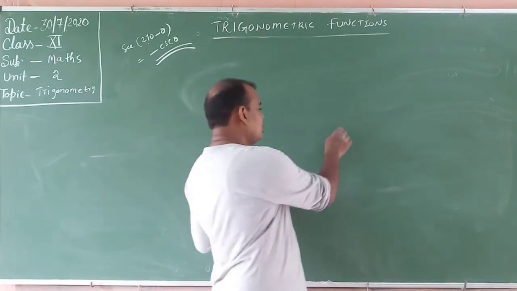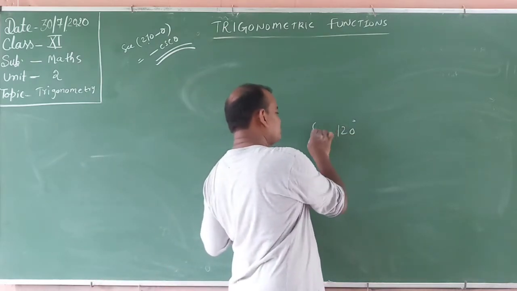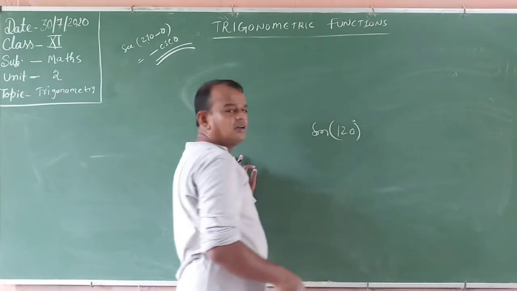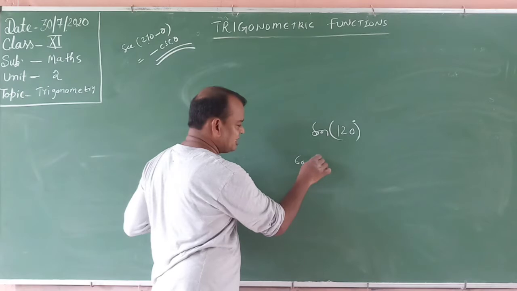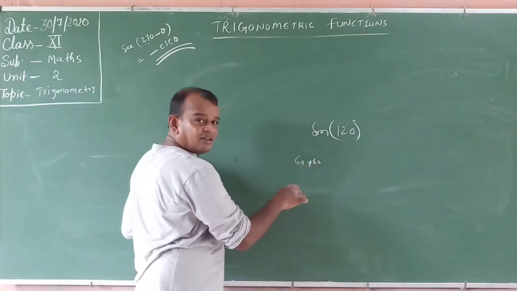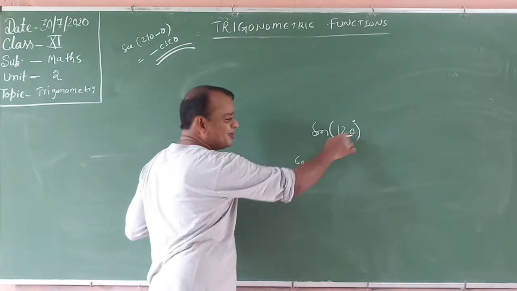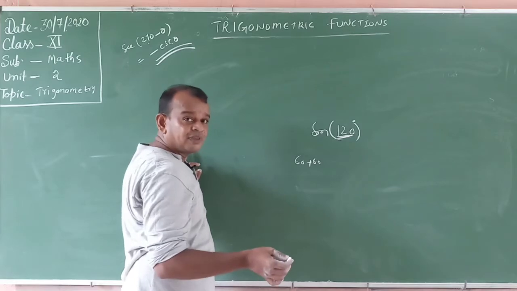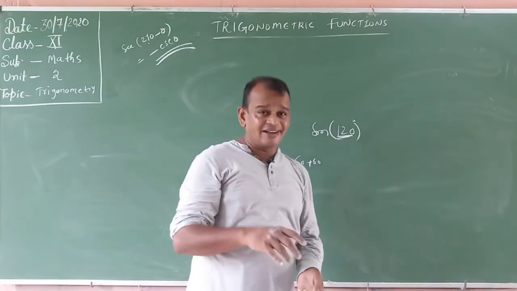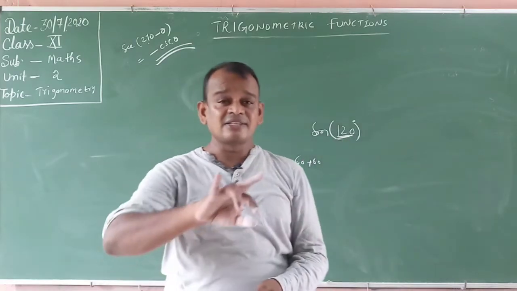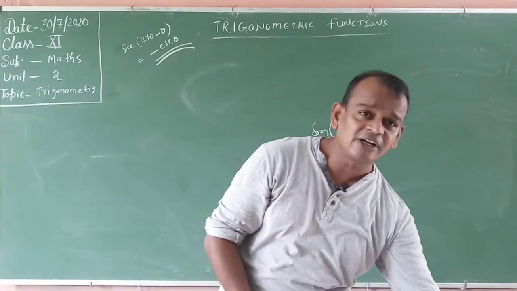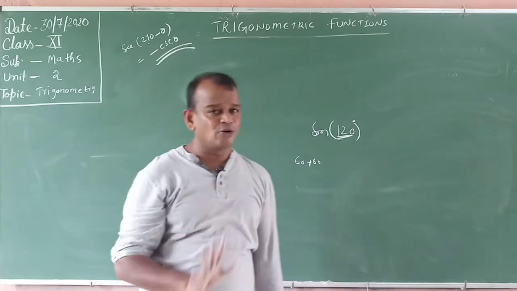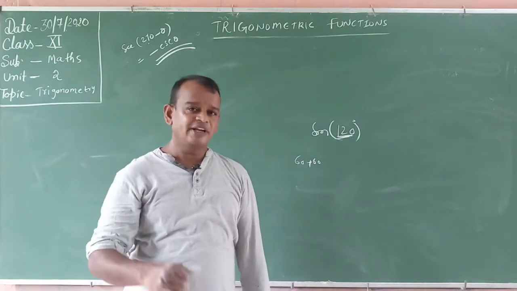For suppose you want the value of sine 120. We cannot write 60 plus 60. 60 plus 60 is also 120, no doubt, but we cannot write that. This 120 must be written as a sum or difference of the quadrant angles. Nearby 120, which quadrant angles are there? Either 90 or 180.